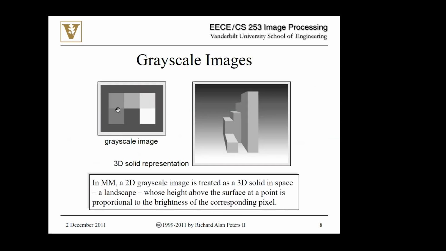Okay, so let's look at this image. Think of it in 3D this way. You see the intensity defines the height at that pixel. So we have a pixel here with relatively low intensity, so we have this low height, and then a little bit brighter, then the height is bigger, and then the next one is brighter, so the height is bigger, and bigger.